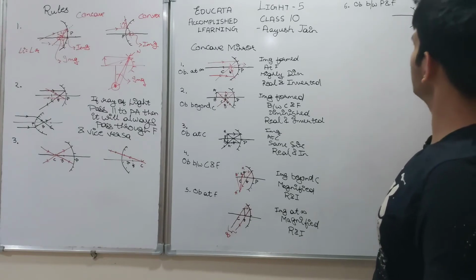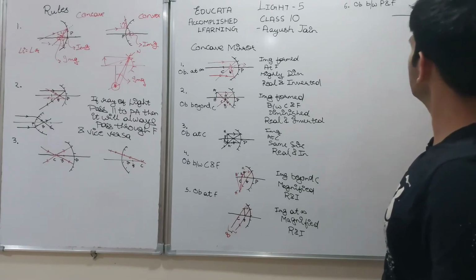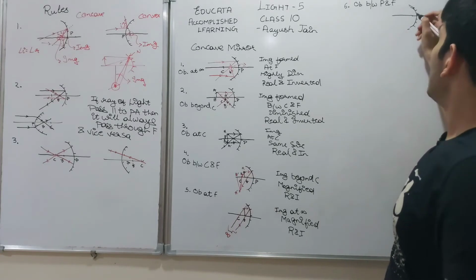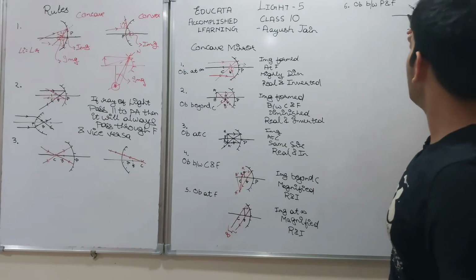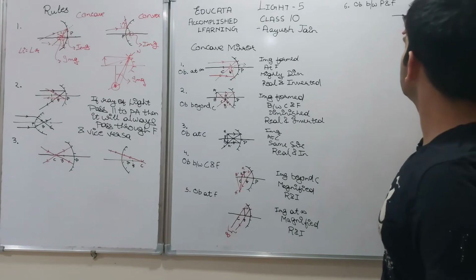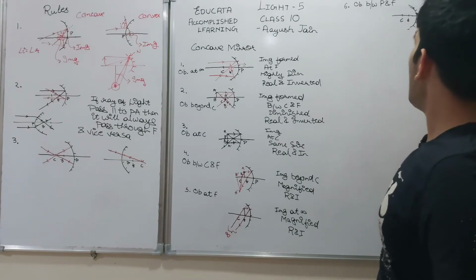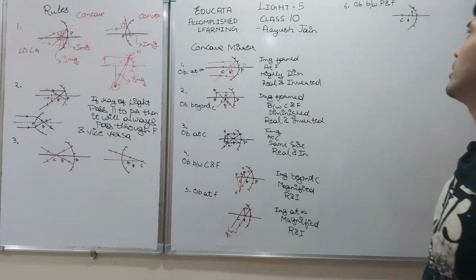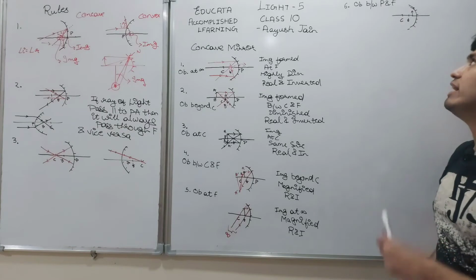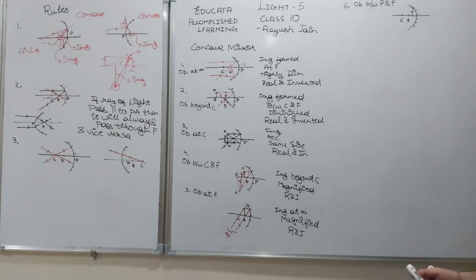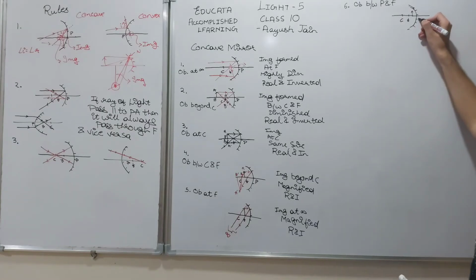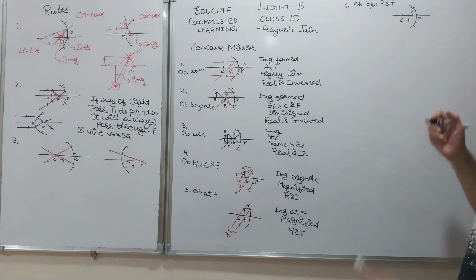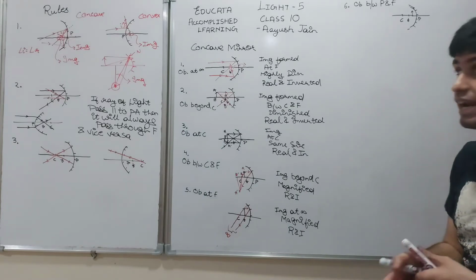Is the diagram clear? Okay, I can make it clear. This is the principal axis, and suppose this is your focus, this is your center of curvature, and the object is somewhere over here. Now what will happen if the object is in between the focus and the pole? Again, you have to draw the same diagram.